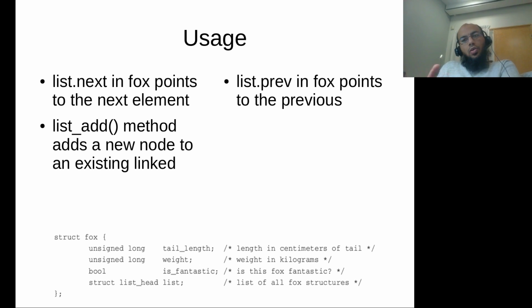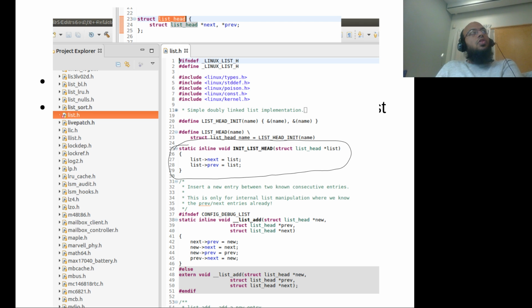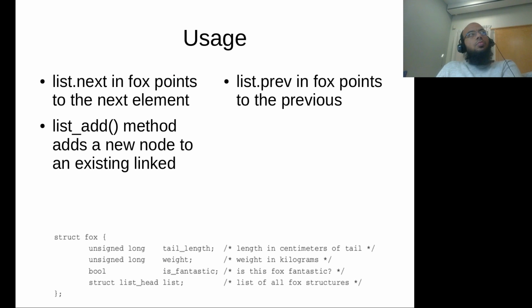You can't call anything else. It's probably bad naming here, but let's call it fox list. So you can then add the pointers fox list.next and fox list.prev to point to next and previous elements in your linked list. And you have a list add method that adds a new node to an existing linked list. Okay, so you can actually do this addition by just using list add.